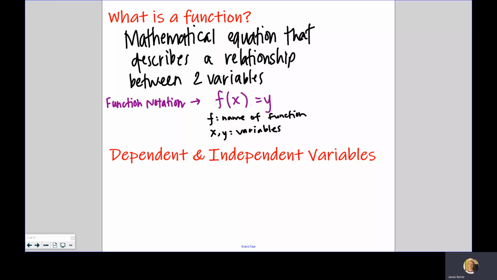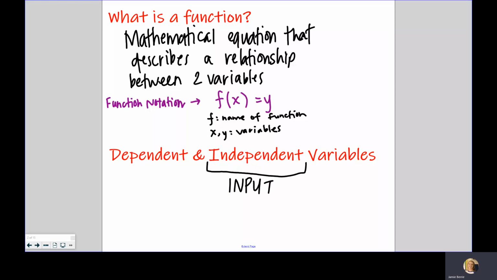All right, so let's talk about independent and dependent variables. You can see here, x is what we would call our independent variable, also known as the input variable.